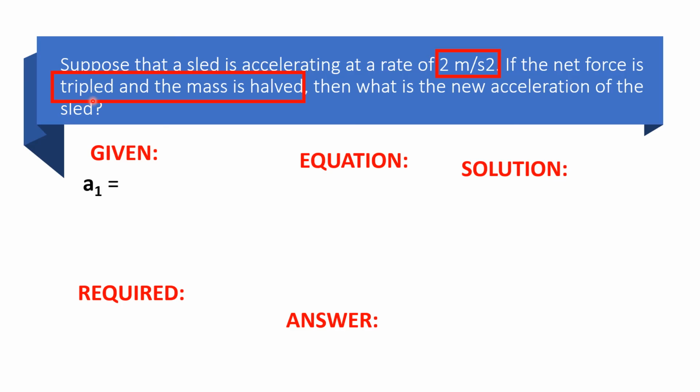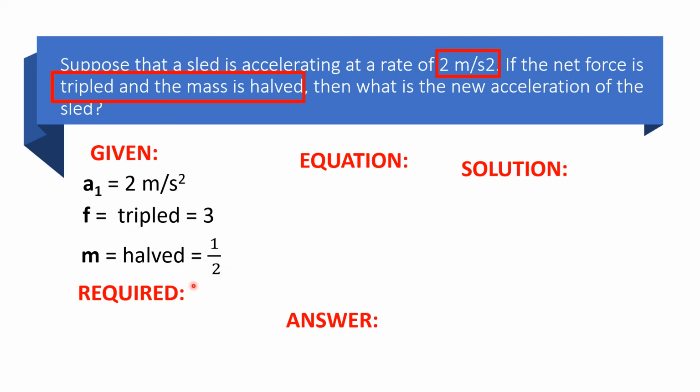Okay, so just write this one on a given. So initial acceleration would be 2 meter per second squared, and the force is tripled daw based on the problem, or it is threefold. Then for mass, it is half or equivalent to 1/2. Okay, and the required, as you can see in the problem, we need to find the new acceleration.